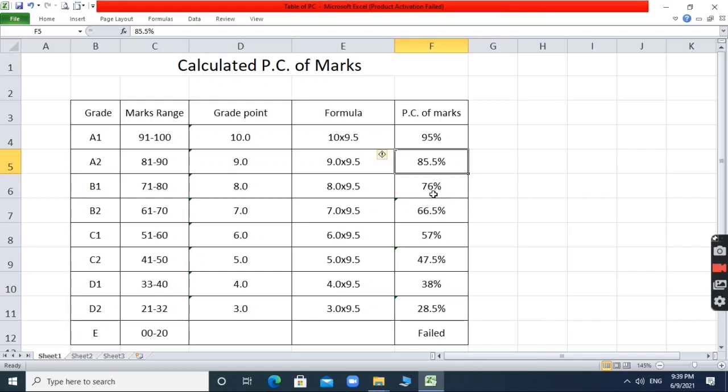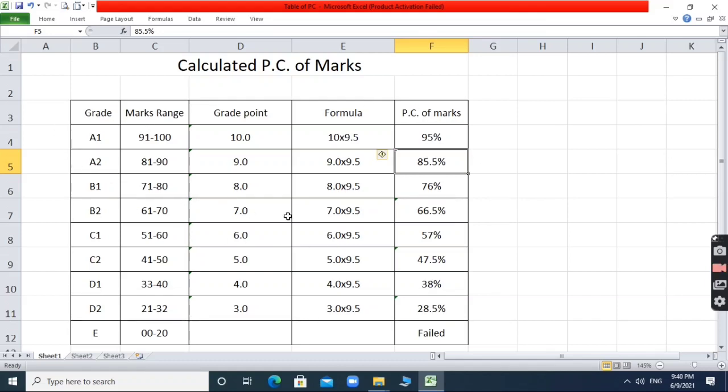Now 1% more than that. And in this way, in every lower grade, 0.5% increases. Now A2 is 85.5, B1 is 76%, but B2 is 66.5%, again 0.5% increases.